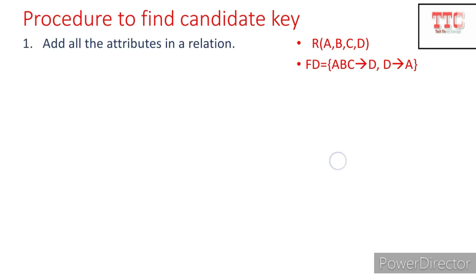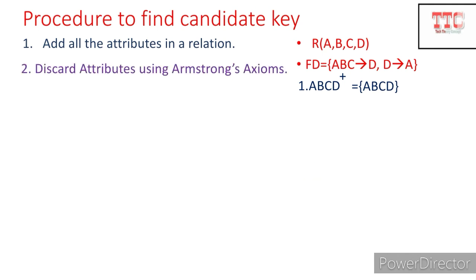So in the first step, we will add all the attributes that are present in the relation. If we find the closure of this set of attributes, we will get all the attributes in our closure. Now we will try to discard some attributes using the given functional dependencies and Armstrong's axiom rules.